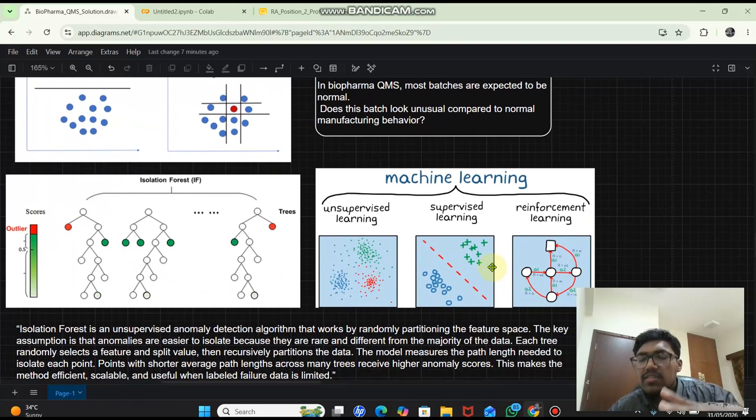Now, in machine learning, there is typically three approaches. We have supervised, unsupervised learning, and reinforcement learning. We can exclude reinforcement learning for now because it involves agentic work. You have to send an agent to a scenario and it learns, right? So that's not really necessary for this task. We'll be mainly focusing on supervised and unsupervised. Now, the batches that are coming in are not labeled, right, as we discussed before.